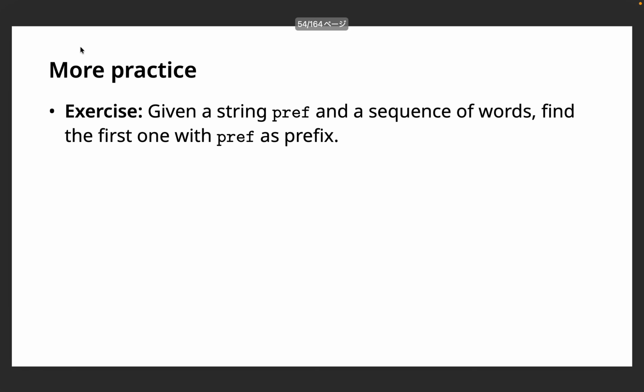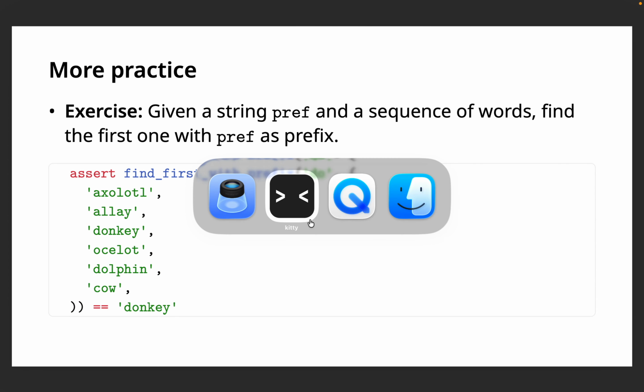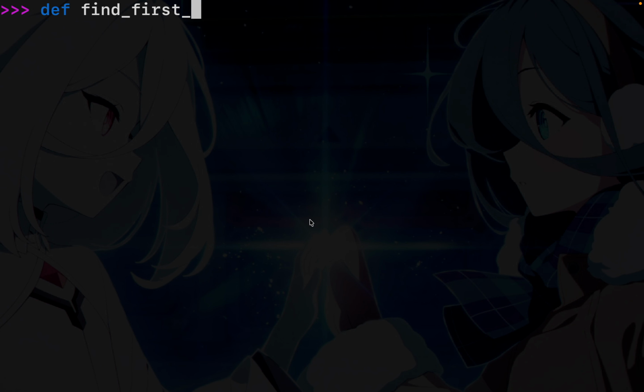Okay, so let's now look at some more examples for loops and generators. Here I have a string and a bunch of other strings. We want the first one here that starts with this string here. So find first with prefix.